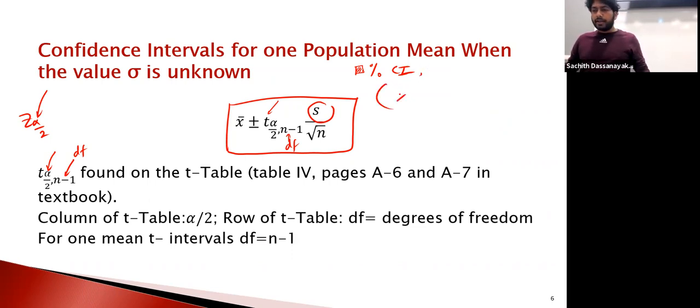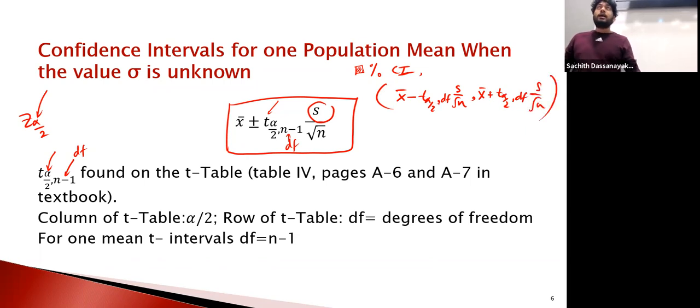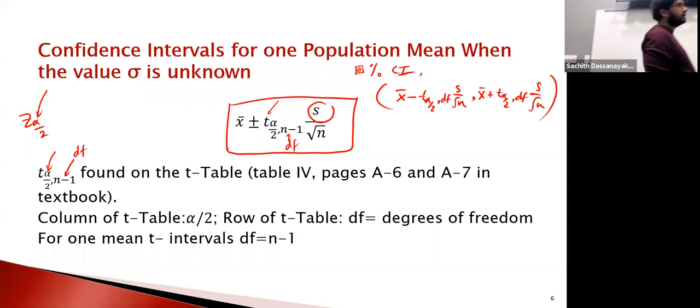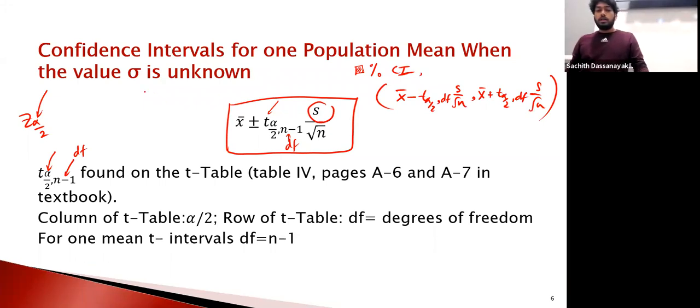You can write the lower bound as x bar minus t alpha over 2 comma degrees of freedom times s over square root of n, and the upper bound is x bar plus the same. There is no sigma here, because it is unknown.